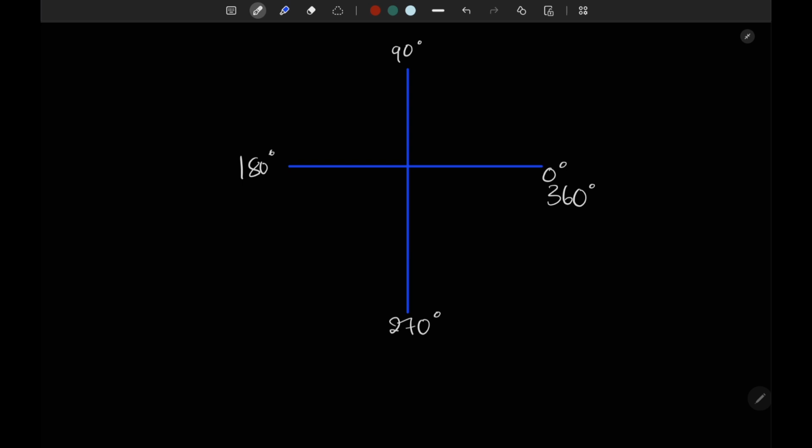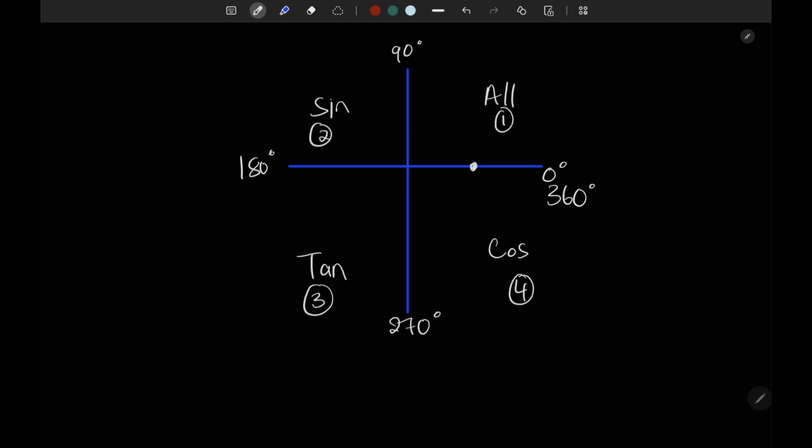Okay, in your test diagram, you should have CAST, which stands for cos, sine, and tan. Your test diagram is divided into 4 quadrants. The first quadrant is here, quadrant 1, you have quadrant 2, quadrant 3, and quadrant 4. Now what does this mean? We measure theta anti-clockwise from the positive x-axis.